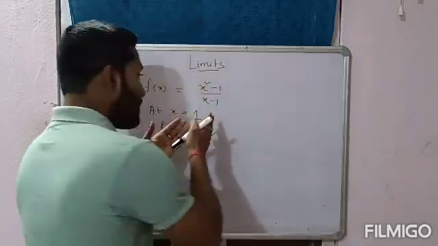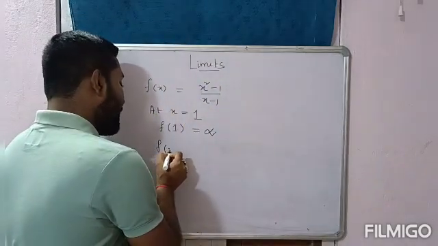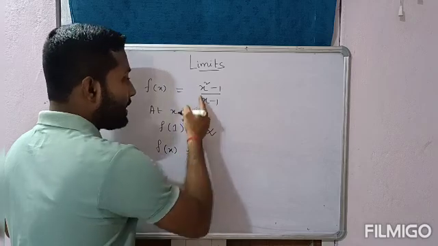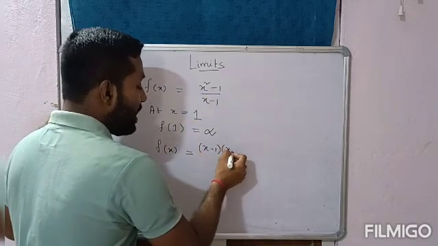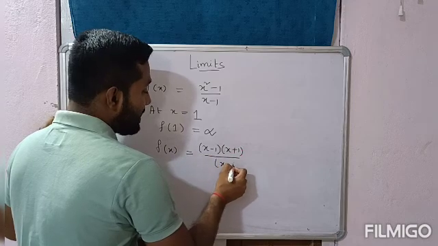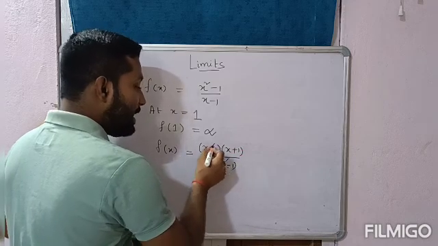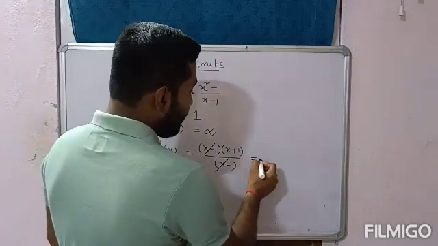But the same function, if we factorize the numerator and denominator, x square minus 1 can be written as x minus 1 into x plus 1. And the denominator stays as it is, that is x minus 1, then we can eliminate x minus 1 from numerator and denominator. Then see what will happen.